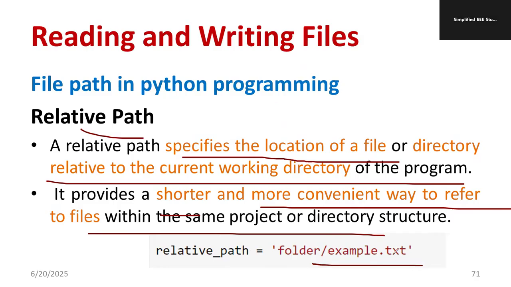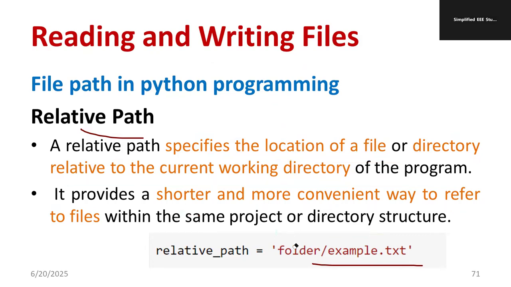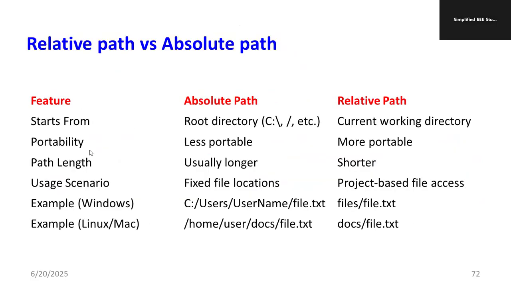My file is example.txt, and it's available in the given folder. So this method is known as relative path. The advantage is it is very short and crisp, but the drawback is it is difficult to identify where the origin is.